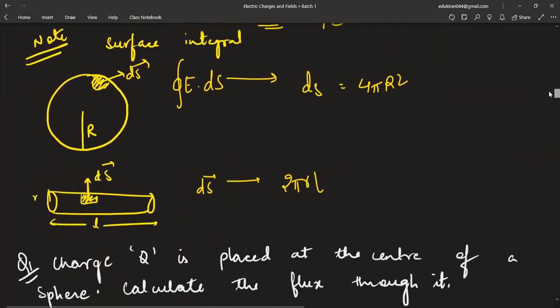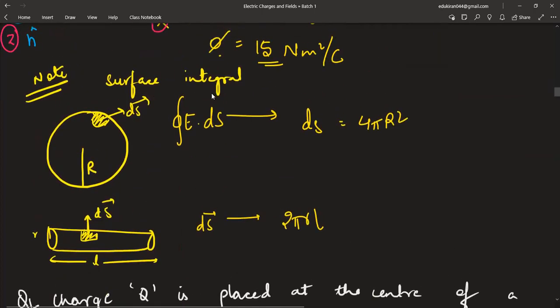Now, one more point before we come to the next question. Whenever we are talking about surface integrals, remember, for the smallest portion that we have chosen, suppose we have chosen this, this is the smallest portion possible. So what we'll do, we will take the integral of ds. Integral of ds means whatever the surface area is, we'll consider that.